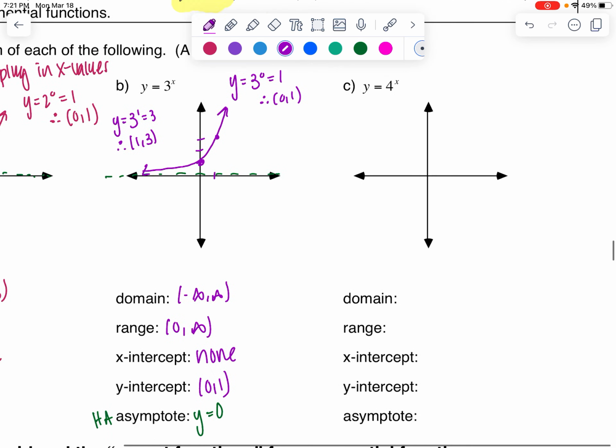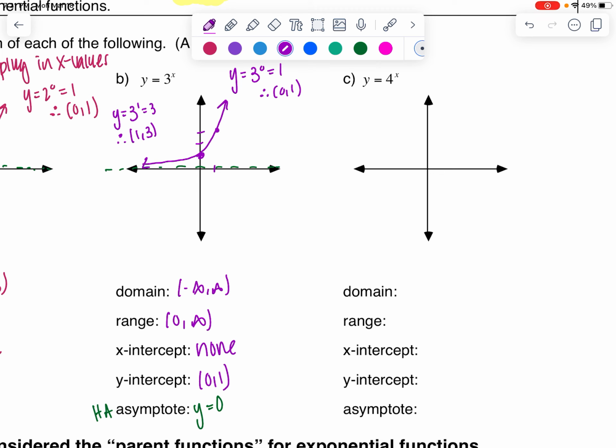And then part C, same exact thing. I'm going to plug in 0 for x. That gives me 1. So my first point is 0, 1. Again, I'm going to plug in 1 for x. That gives me 4, so I get 1, 4. Same exact thing, I have a horizontal asymptote at y is equal to 0.